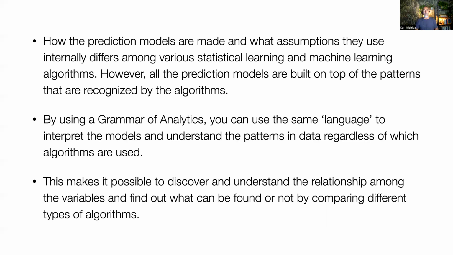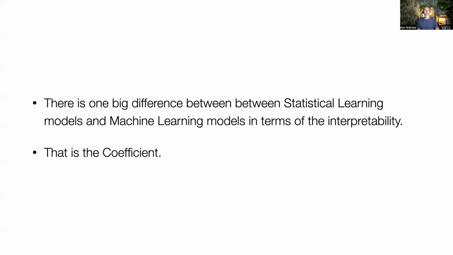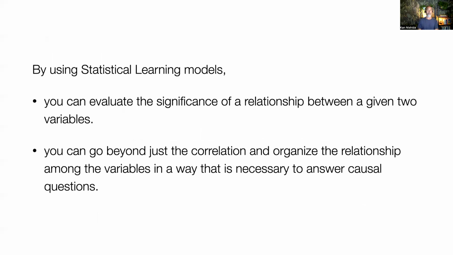Okay. And then there is one big difference between a statistical learning model and a machine learning model in terms of interpretability. A statistical learning model can help you evaluate the significance of the relationship between a target variable and a given predictor variable.